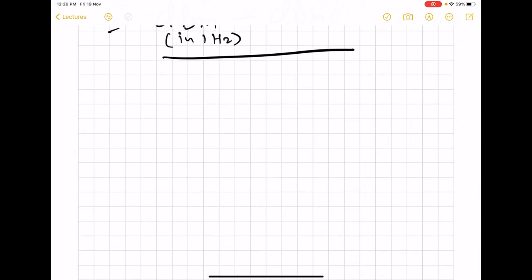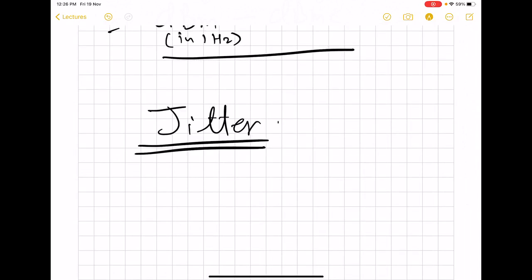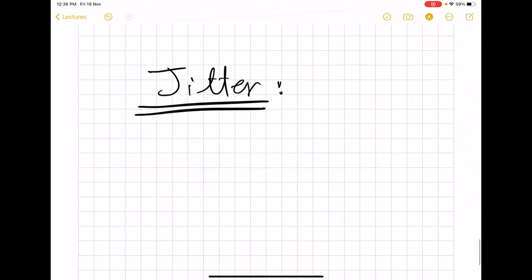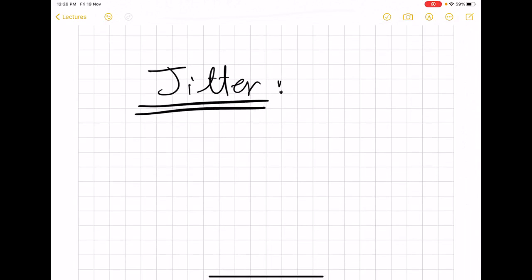So when we talk about time domain, we typically use the term jitter. For talking about this jitter, we typically use the square wave, but this can also be talked about for sinusoid signals.